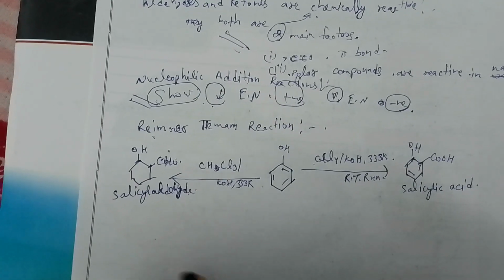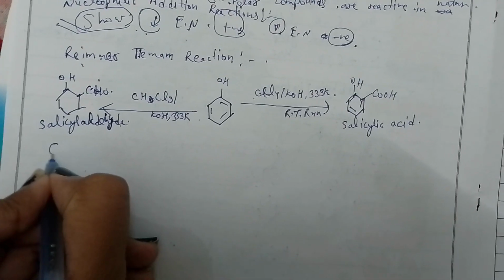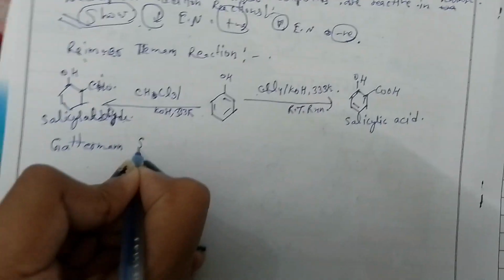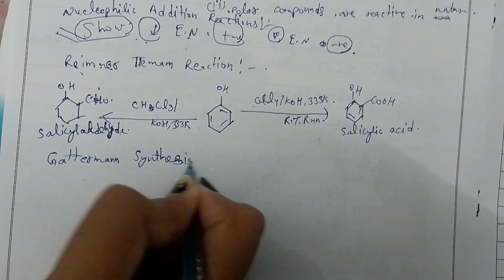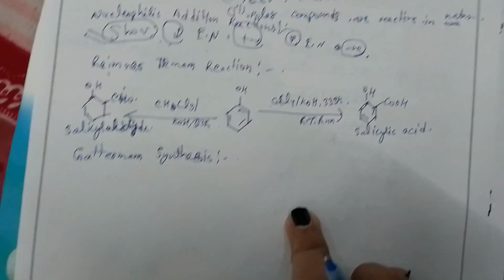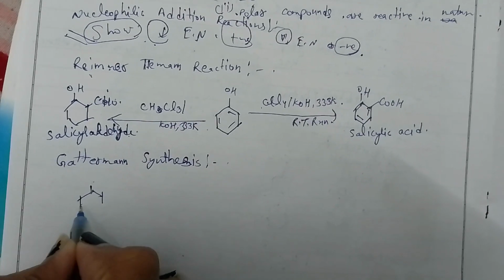Now next we will see the Gattermann synthesis. In this we will see that phenol is changing to salicylaldehyde. So we will see how it changes to aldehyde.